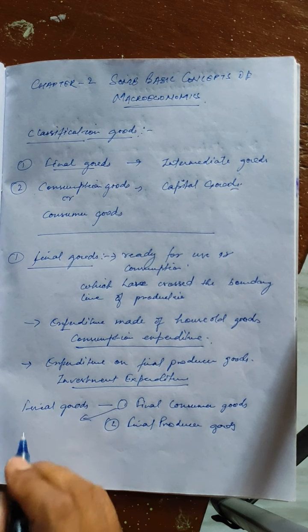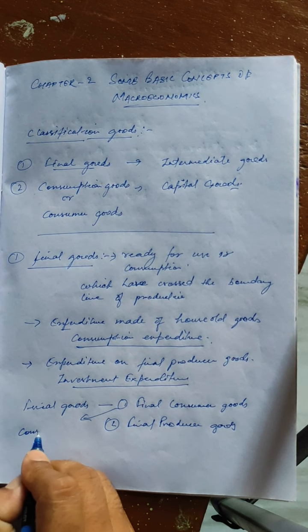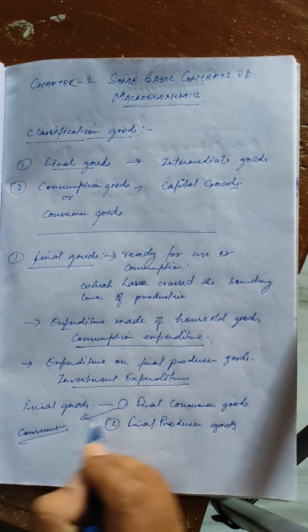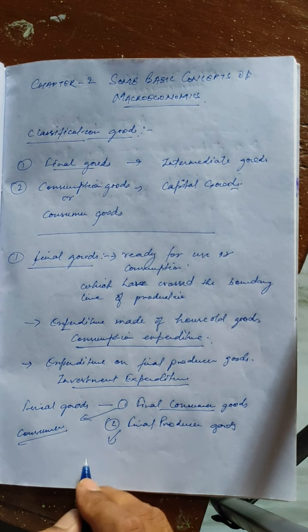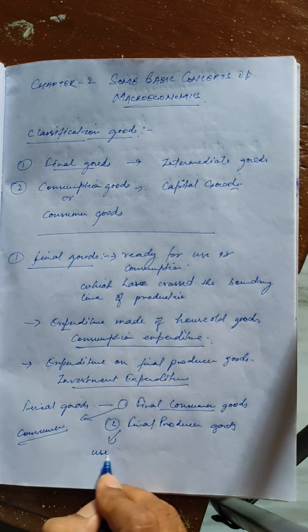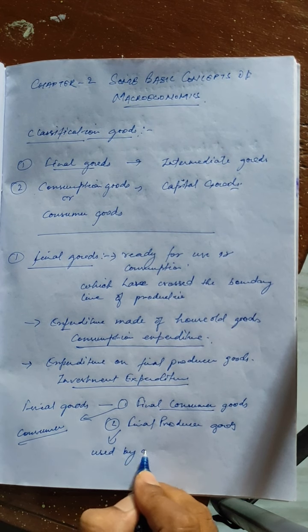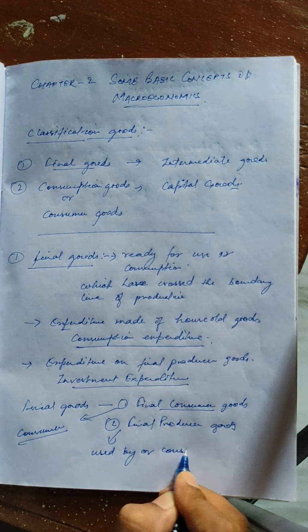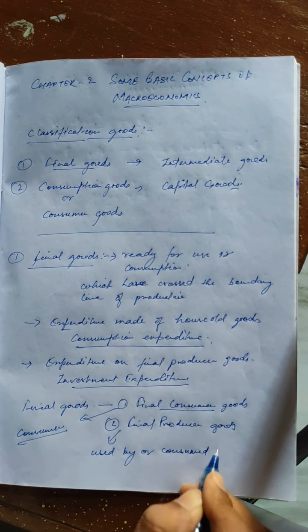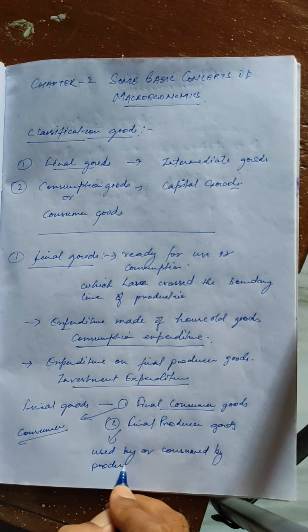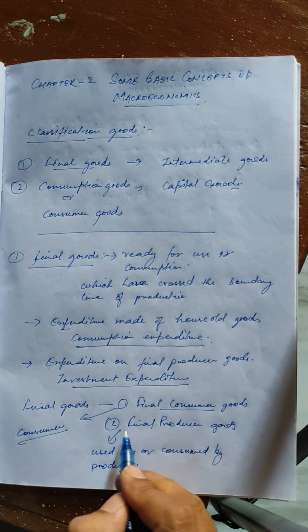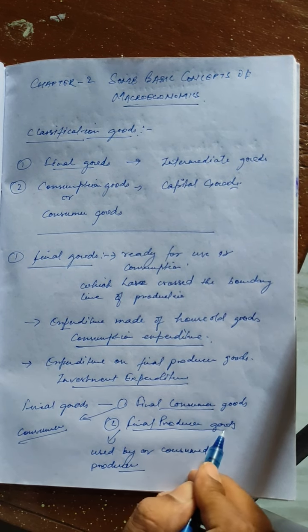When consumers are consuming, it is a final consumer good, and when goods are used by producers, it is called a final producer good.